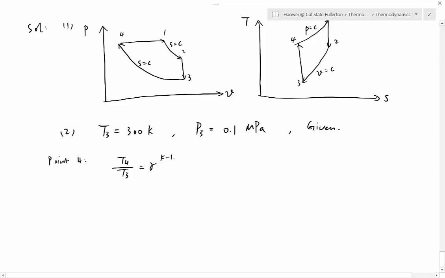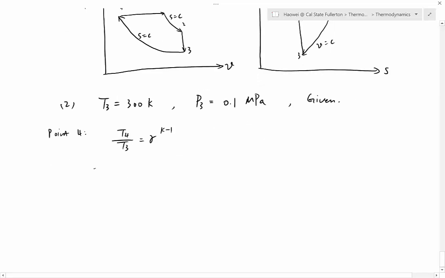So from here, we can find T4. Plugging in T3, 300 Kelvin, gamma is 18, and the index is 1.4 minus 1. So the solution for T4 is 953 Kelvin. So now we've found the temperature T4.